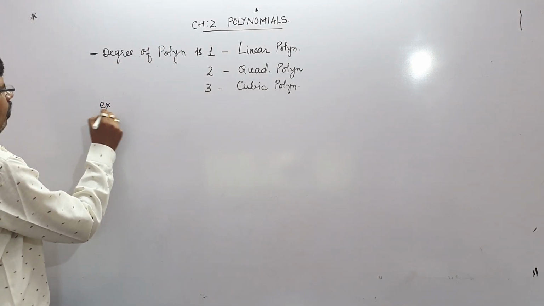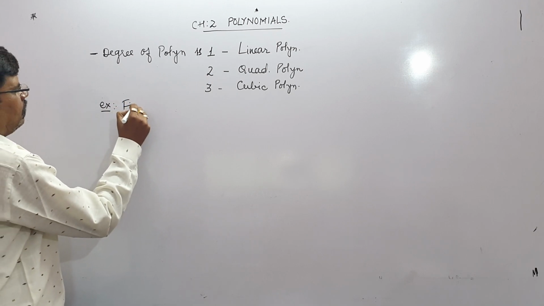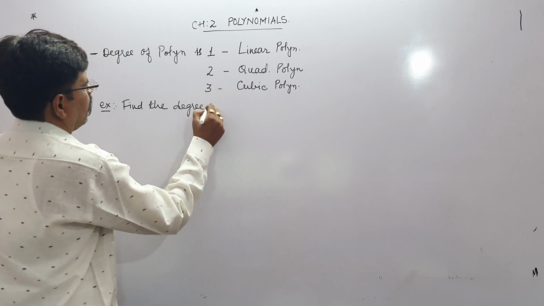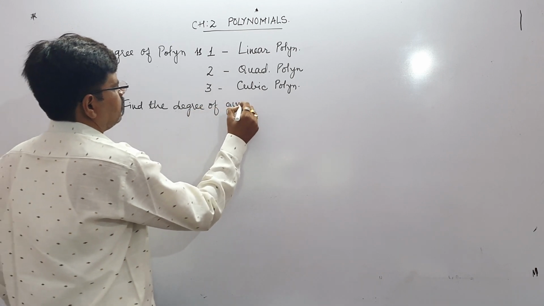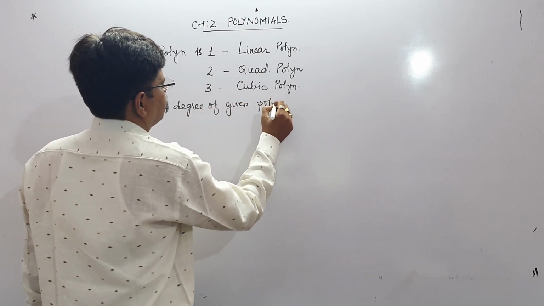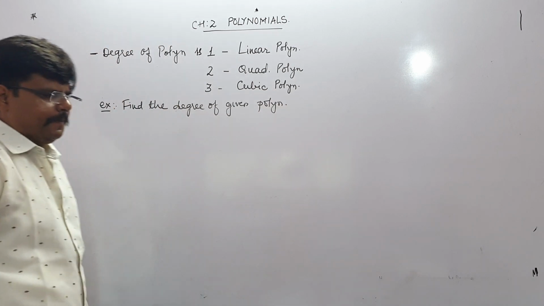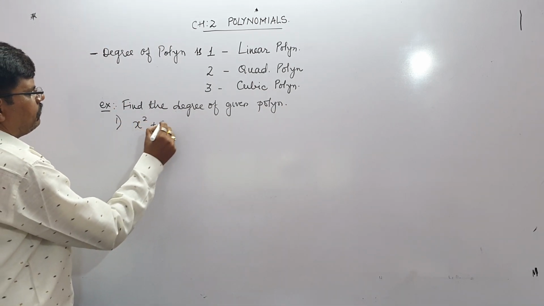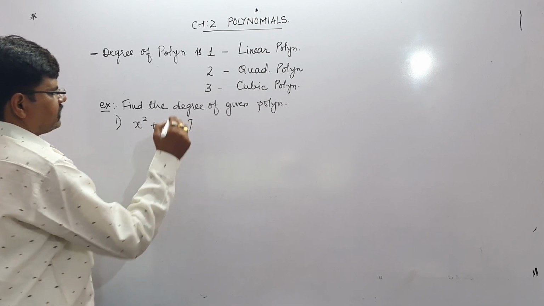Example: find the degree of the given polynomial. 1. x square plus 5x plus 7.